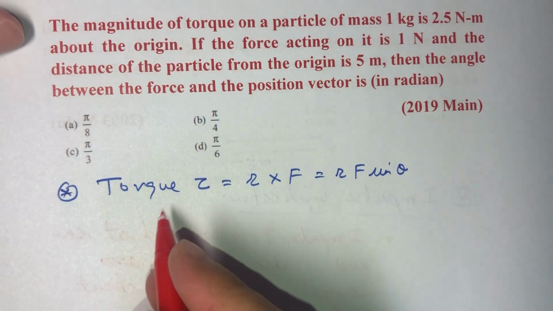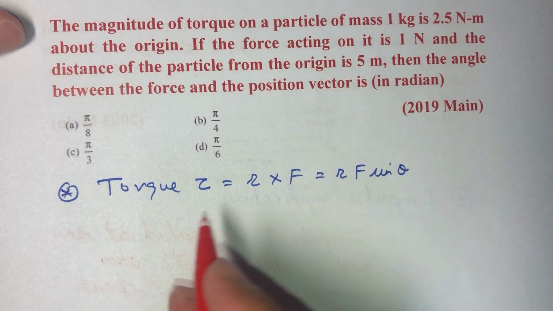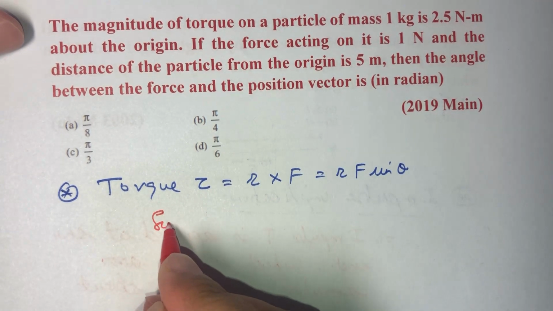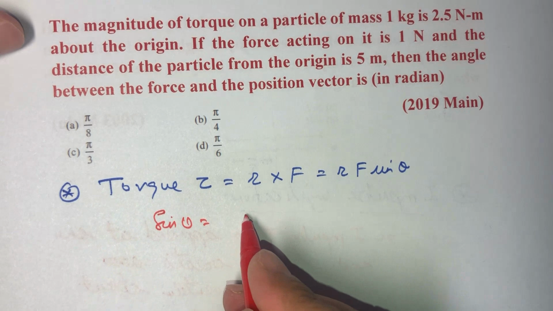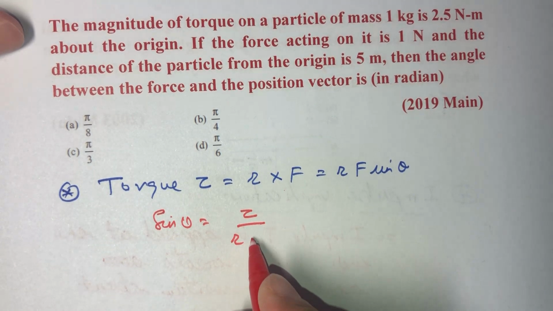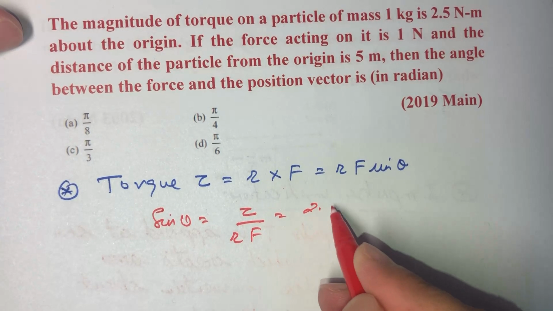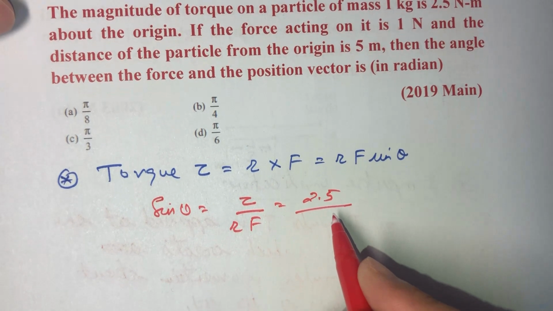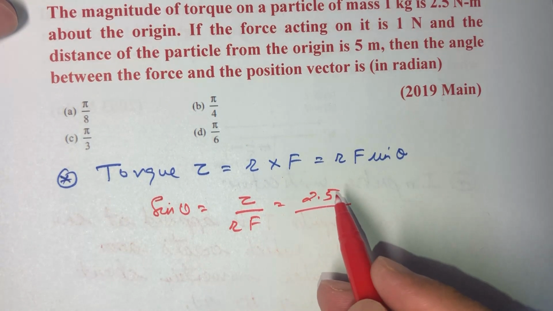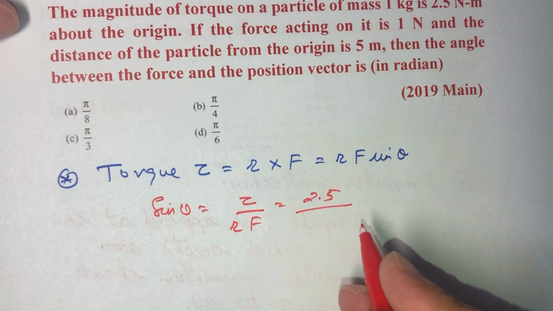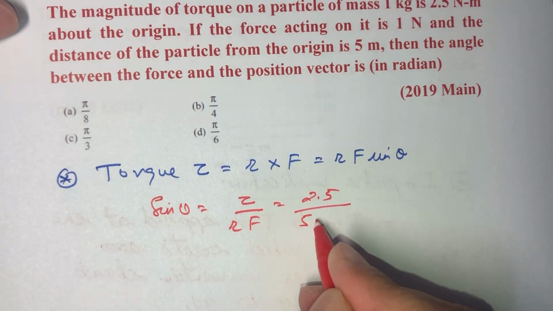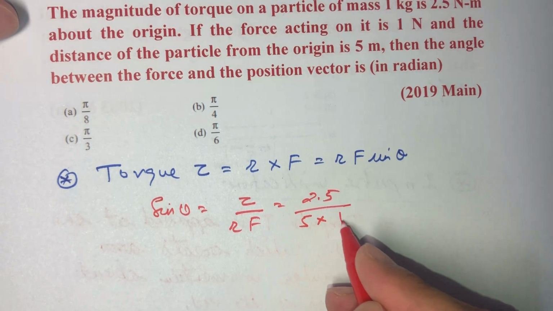So from here we are supposed to find out the angle. Then we can write this as sine of theta is equal to tau upon RF. Torque is given as 2.5 and the distance is given as 5 meters and the applied force is 1 Newton.